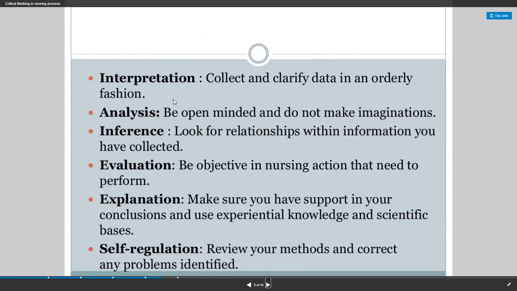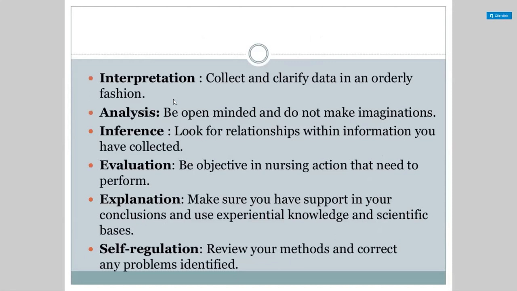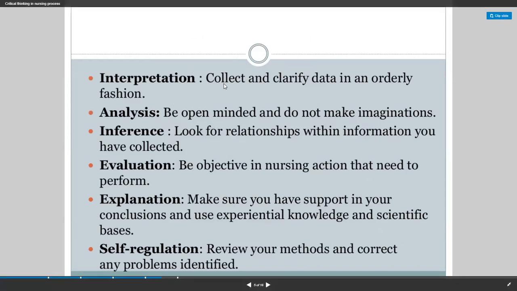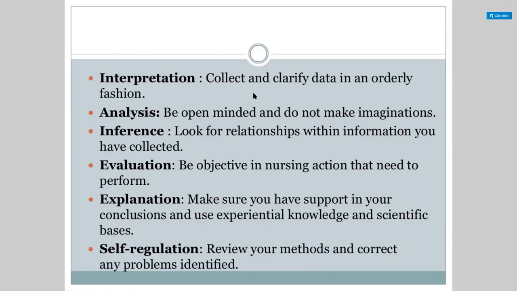First and foremost you collect the complaints, whether it is hereditary, when it began, all these things. Collect and clarify the data in an orderly fashion: collecting the data, and clarifying whether what you have understood is proper or not.